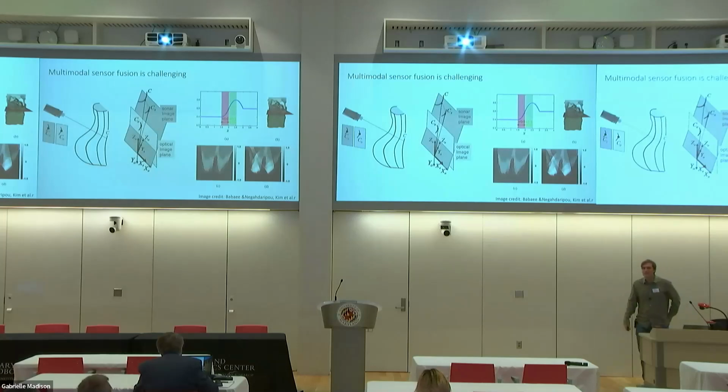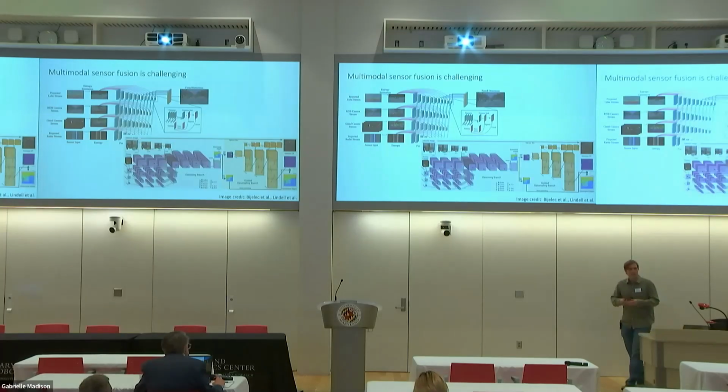Multimodal sensing is obviously pretty challenging, and it's not a new idea. It's been studied for 50 years, 60 years, and there's been all sorts of algorithms that have been developed from space carving, you name it, and like most computer vision type applications, over the last decade, machine learning has just dominated the performance of these systems.